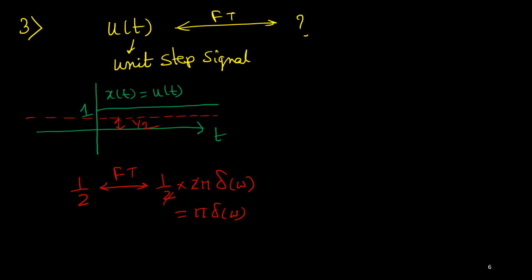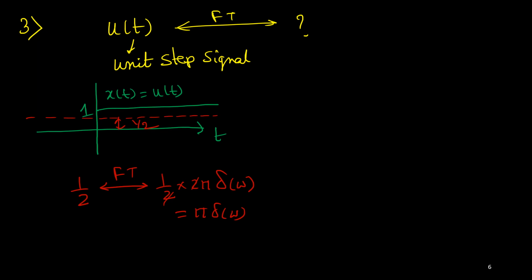Okay, so we need to include that at the end. Don't forget to include this one. But without this one, what I can do is take the derivative of this.